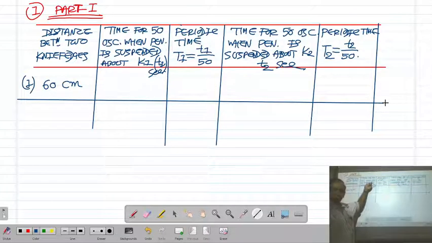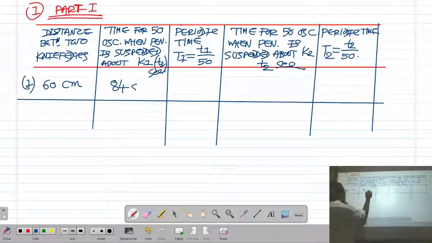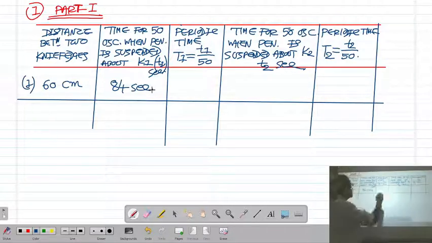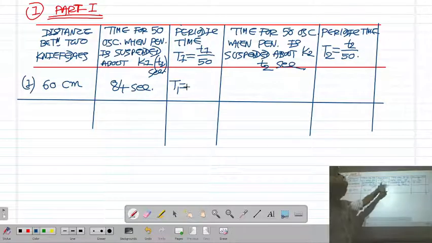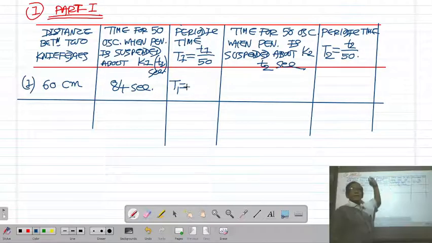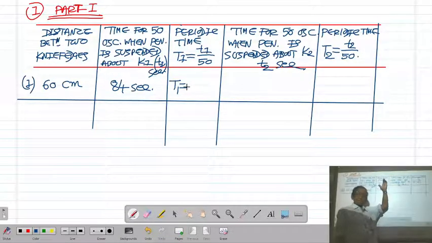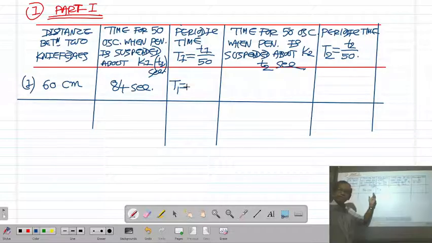Suppose the time for 50 oscillations is 84 seconds. So we can calculate the periodic time T1. The pendulum is suspended about the wooden knife edge K1.